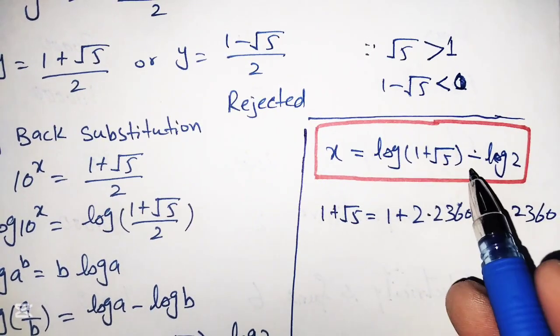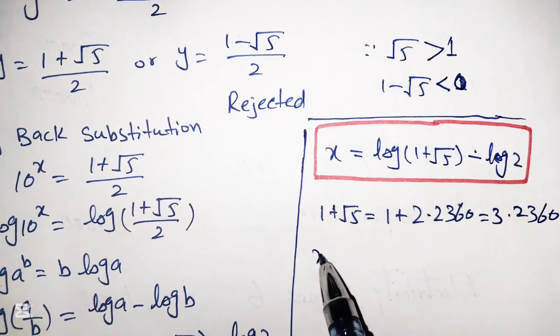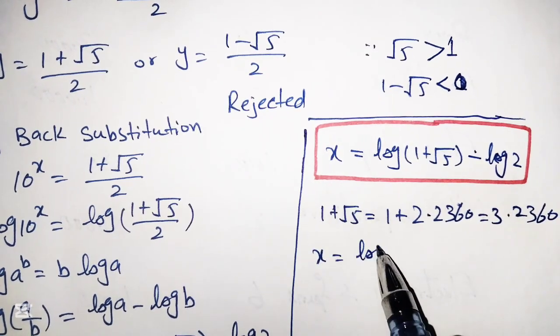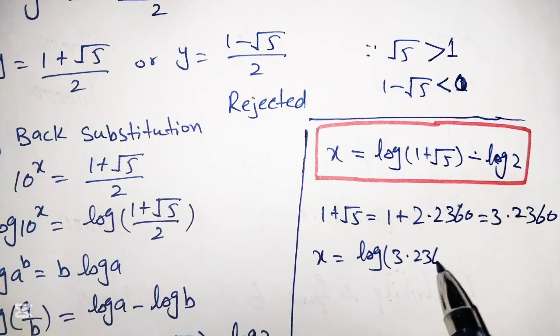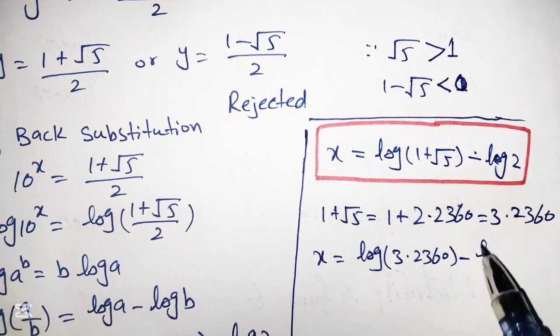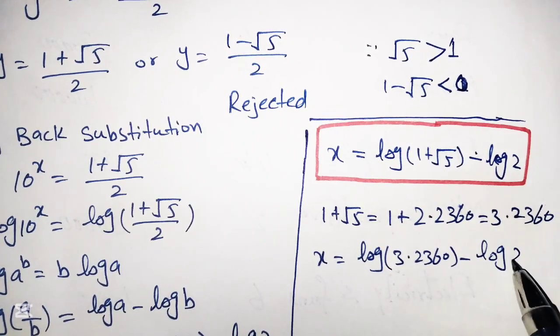Putting this in the above equation, we get x is equal to log of 3.2360 minus log of 2.